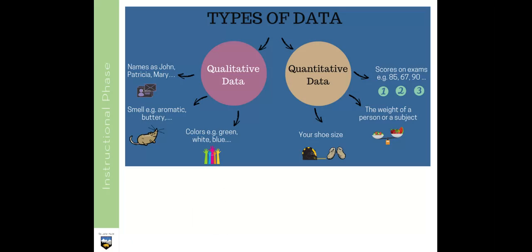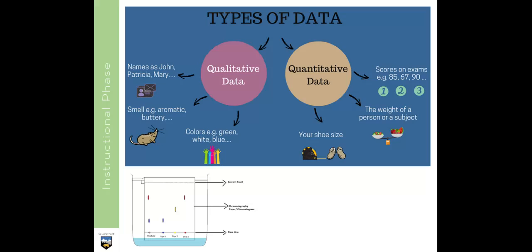So for example, chromatography can give us qualitative results because it can describe to us what components are in the substance, but we can't see how much of each component is present. So in chromatography, we can see colours. We know what colours are produced from different mixtures.